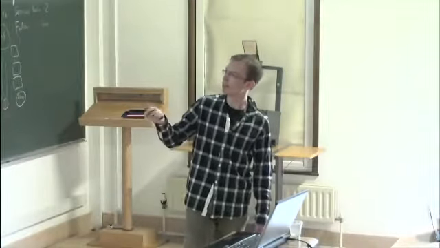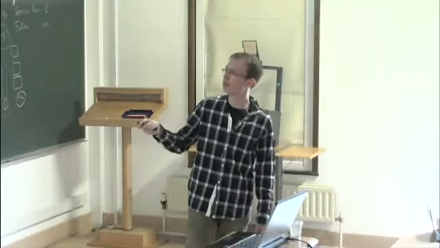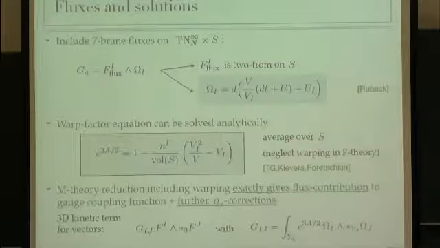And now if I plug this back into the 3-dimensional theory, you see that the warp factor equation can be evaluated, and here is this n appearing, this flux squared. This determines the gauge coupling function.